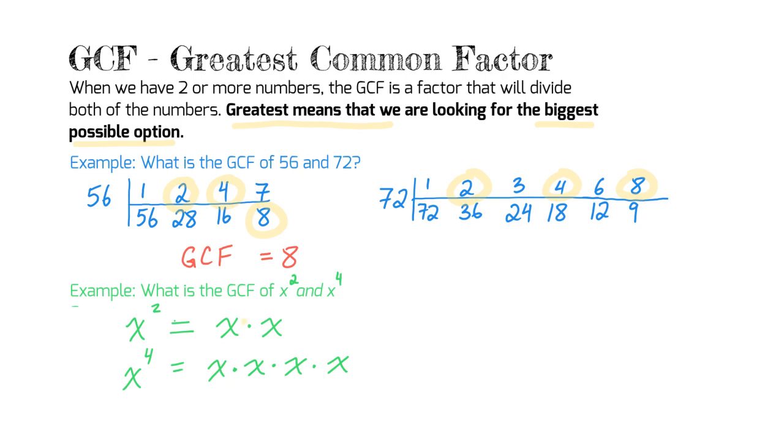I can see that both of them have x's in common. The greatest number of x's they have in common is 2. They both have x squared. So that means that when we're working with variables and looking for the GCF, we're looking for the maximum amount of x's they have in common. In this case, they have 2 x's in common, so the GCF is x squared.